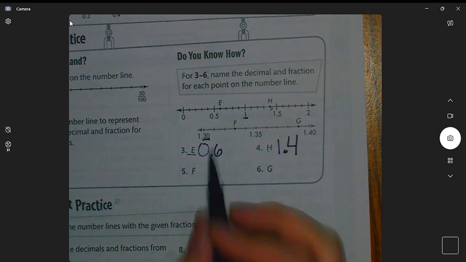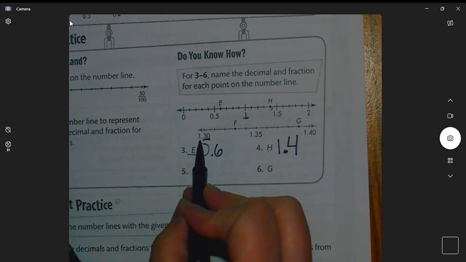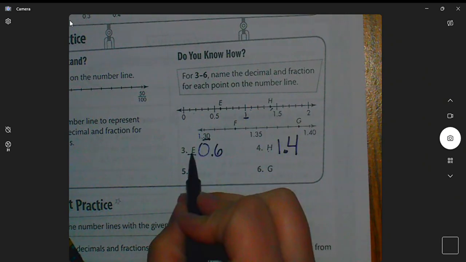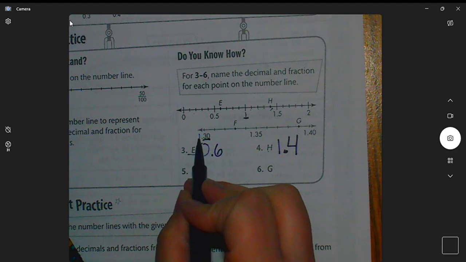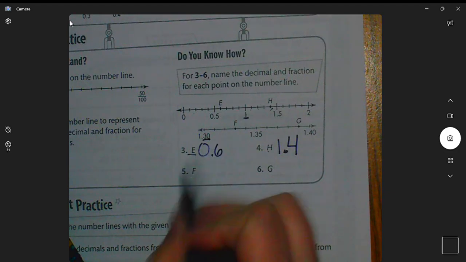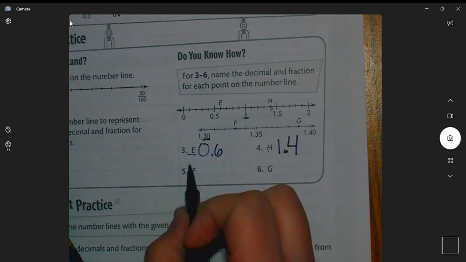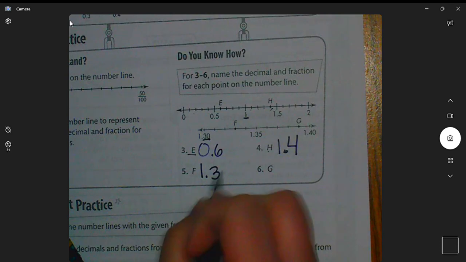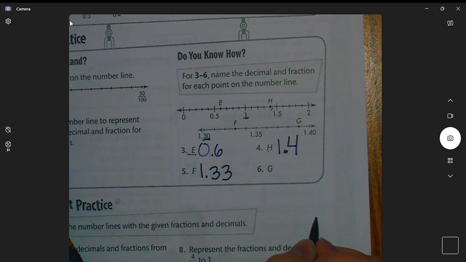So I have 1 and 30 hundredths, 1 and 31 hundredths, 1 and 32 hundredths, 1 and 33 hundredths. So 1 and 33 hundredths. Let's look for G.